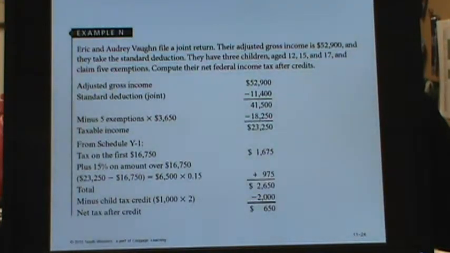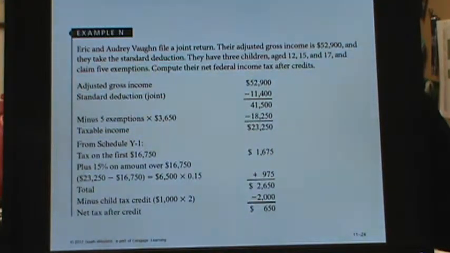From our Schedule Y, our standard rate for the first $16,750 is $1,675. Now we need to add 15% of anything over that amount. We're over it by $6,500. Take that amount times 15% and we add $975 tax onto that.